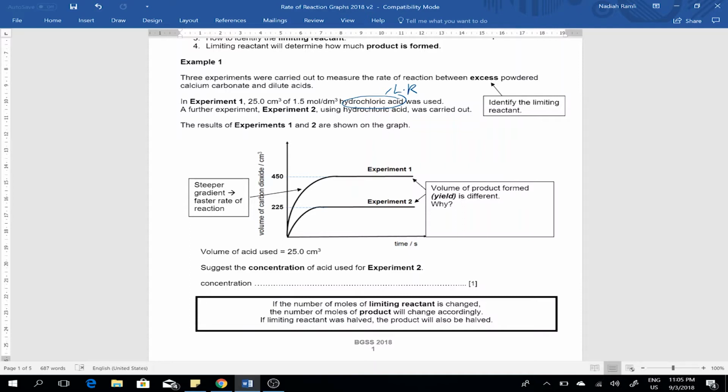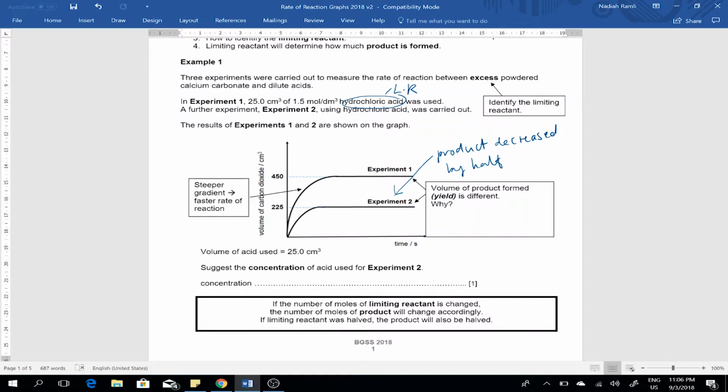In experiment 1 and experiment 2, the yield or the product has decreased by half. So in experiment 2, the product decreased by half.